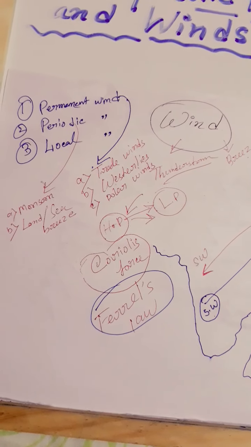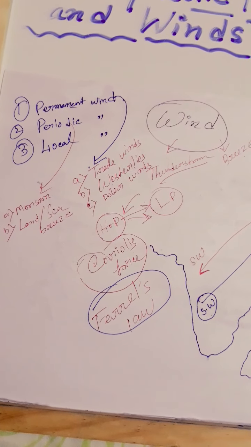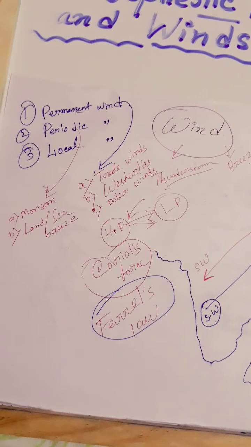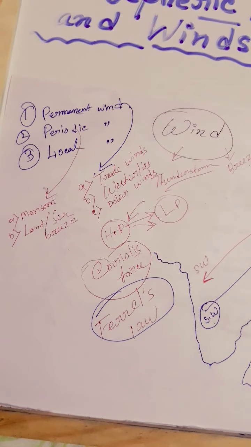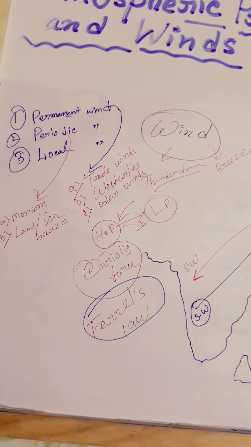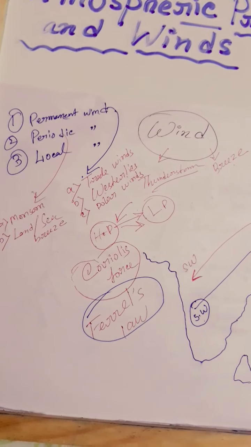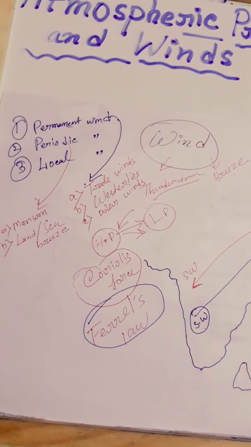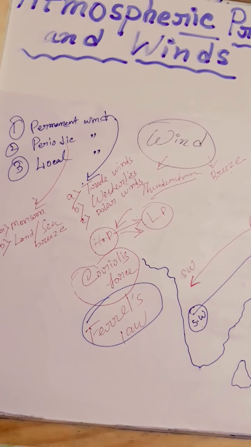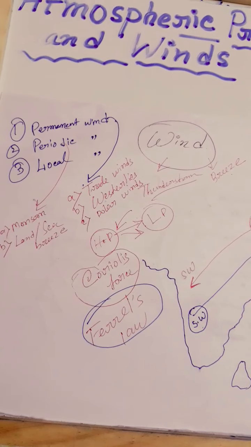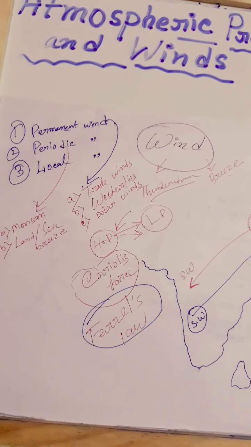If a low pressure is created in any area, then the surrounding cooler air always tries to cover up that blank pocket. So that's why monsoon winds are created, because of which conditions of high pressure prevail here.